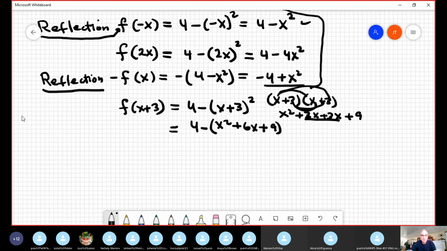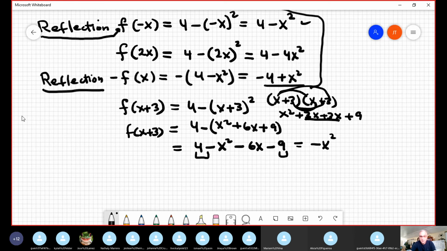Okay, now the answer is 4 minus x squared minus 6x minus 9. When you combine the constant terms, it's minus x squared minus 6x minus 5, because positive 4 and negative 9 is negative 5. And this is the answer for f of x plus 3.